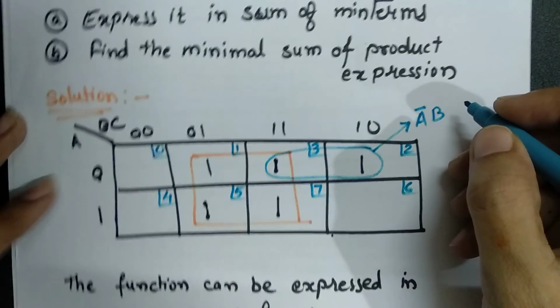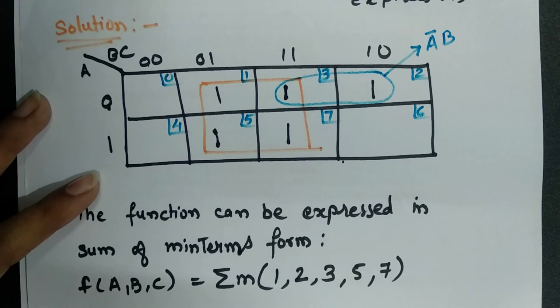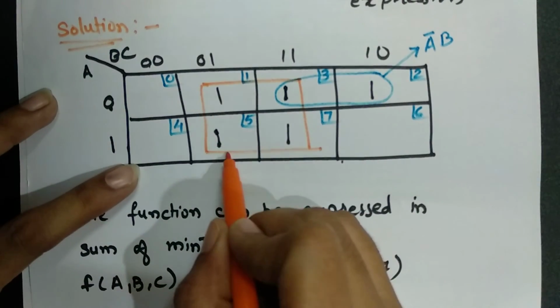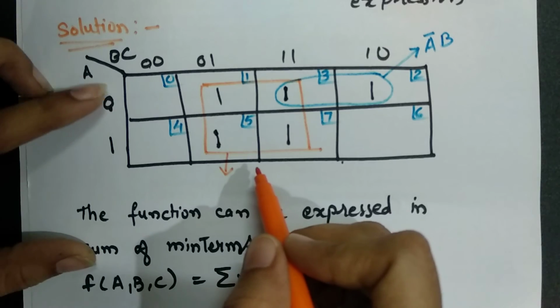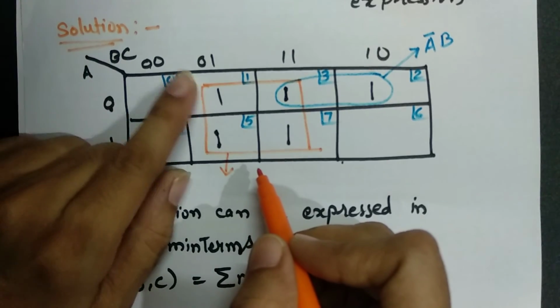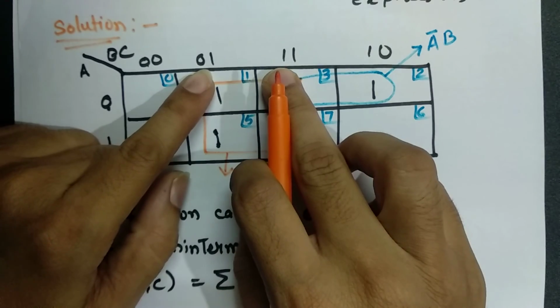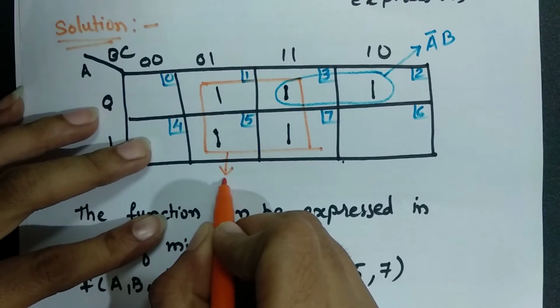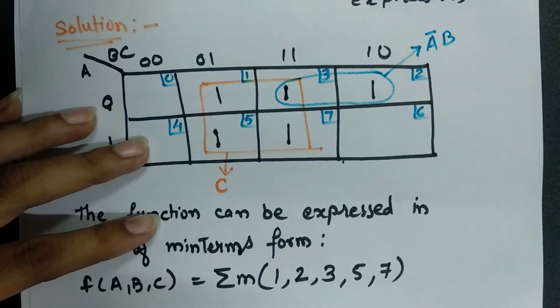C is uncommon, so leave it. Next is your pairing of 4. In case of pairing of 4, A is changing in 0 and 1, so leave it. B is also changing, so leave it. C is common, so the name of this pair will be C.